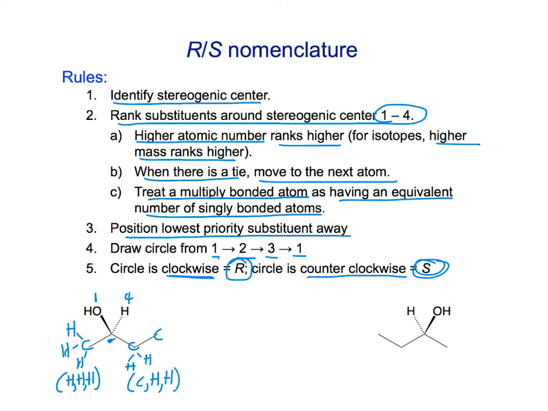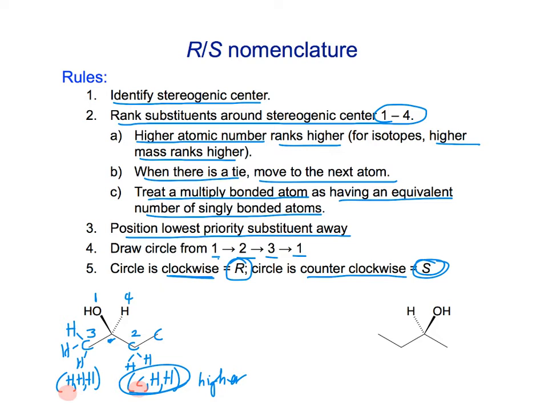We always list them with the highest atomic number first. We then compare, starting on the left: we have an H here, we have a carbon here, and so this side ranks higher. So this is going to be number 2, this is 3, and the H is 4.